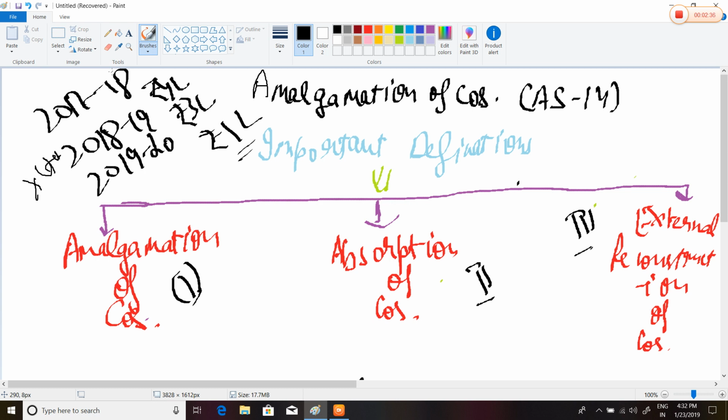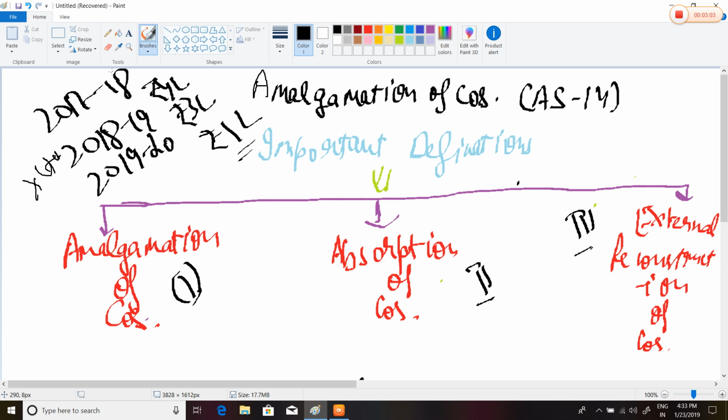Y Limited either absorbs or amalgamates with X Limited to gain more profit. When two companies come together, the main motive for both of them is to earn maximum profits.